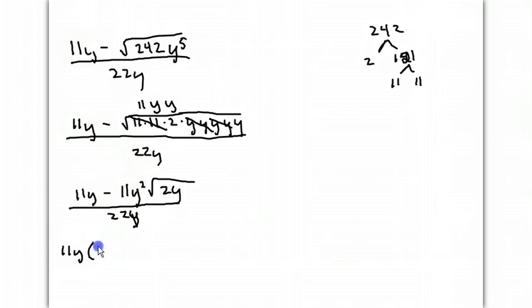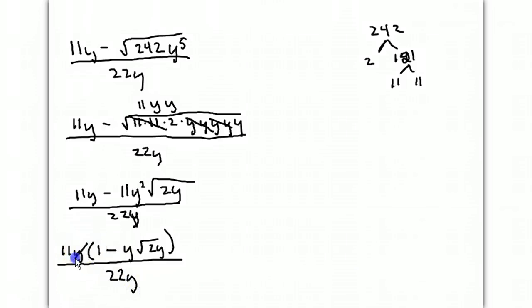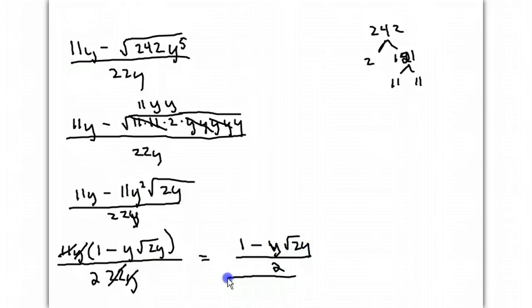And what we'll end up with is 1 minus y, square root of 2y. So that's what you multiply back out to get 11y minus 11y squared times the square root of 2y, and that's divided by 22y. So when you look at it, the y's cancel, and 11 goes into 22 2 times. So our final answer would be 1 minus y square root of 2y, divided by 2. And you can't go any further from this point.